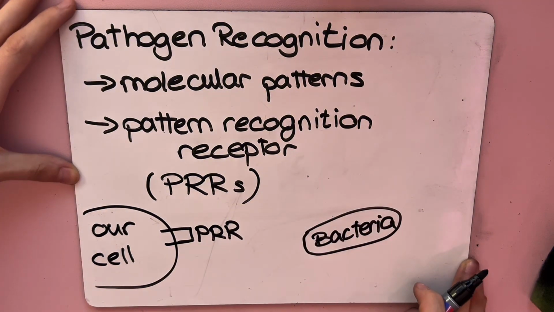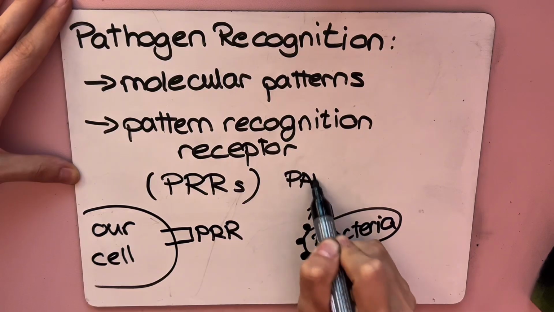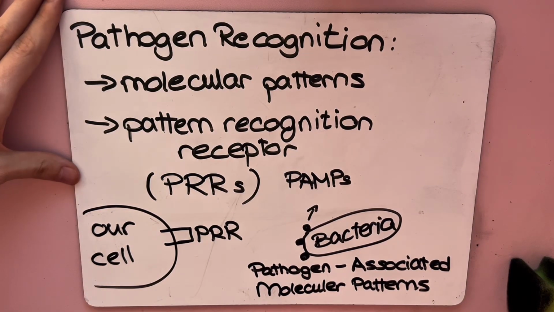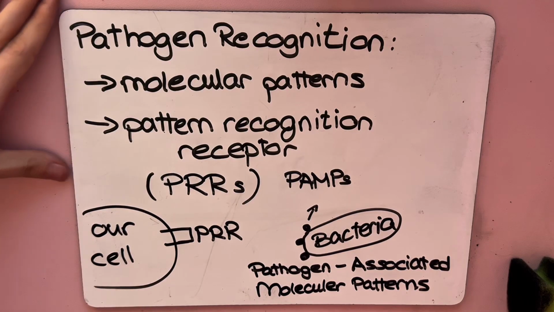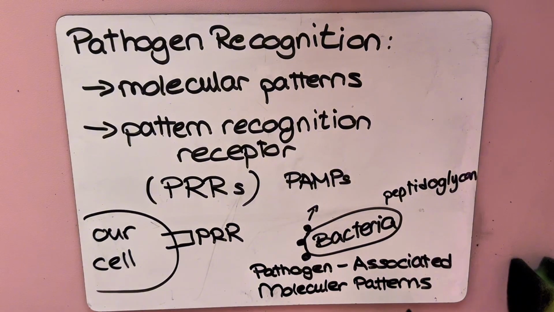Let's say we have a bacteria, and those bacteria have PAMPs, pathogen-associated molecular patterns. These are molecules that are typically found on bacteria, viruses, or other pathogens, but not on our own human cells. For example, bacterial cell walls often contain a molecule called peptidoglycan. And gram-negative bacteria have lipopolysaccharides, LPS, on their outer membrane.